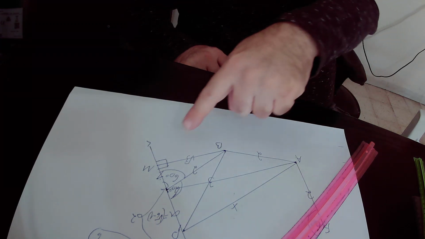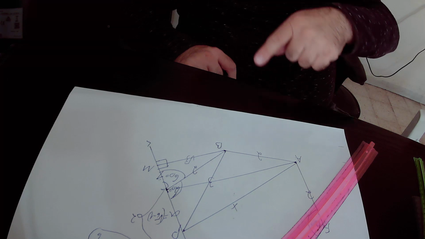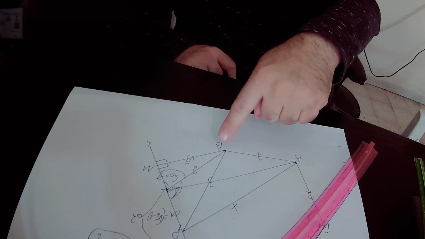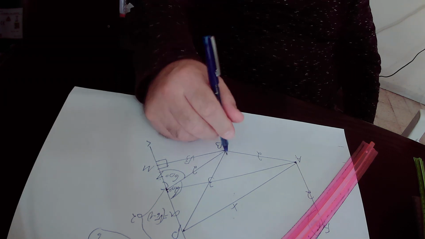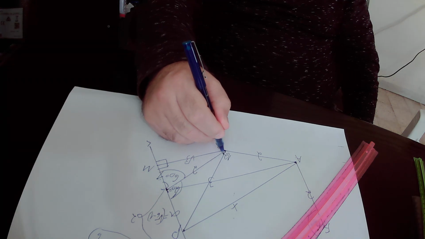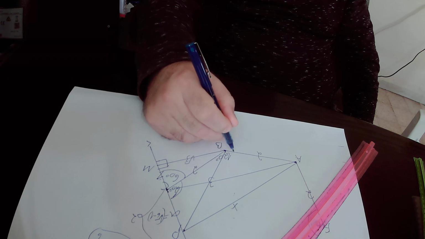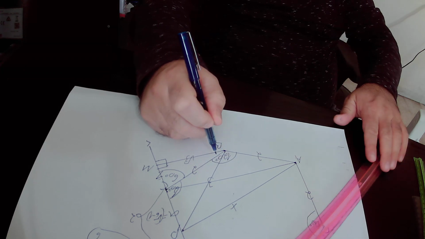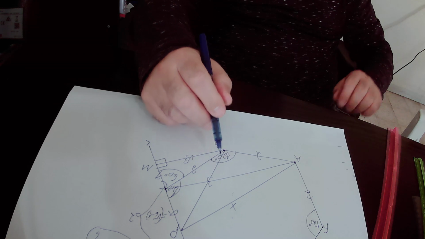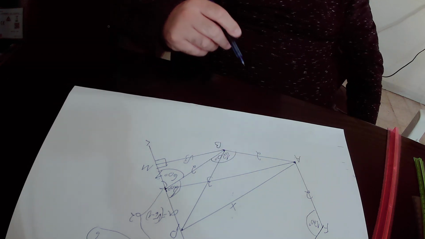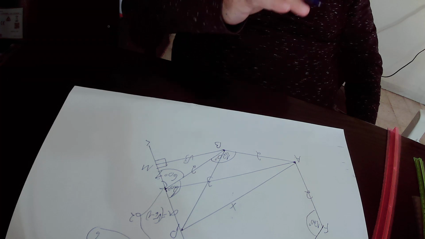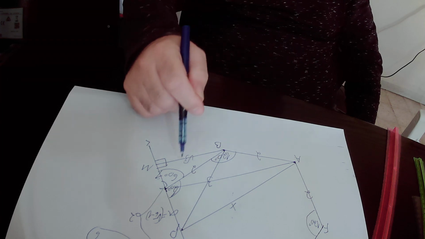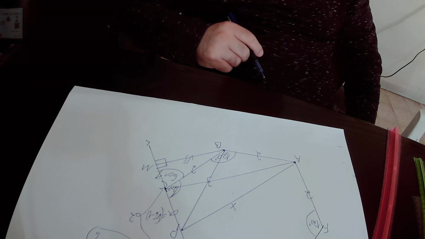Angle ABC equals 120 degrees because it is one of the 6 interior angles of this regular hexagon. And all the angles of this regular hexagon are equal to each other. Each of them is equal to 120 degrees, therefore angle ABC equals 120 degrees.